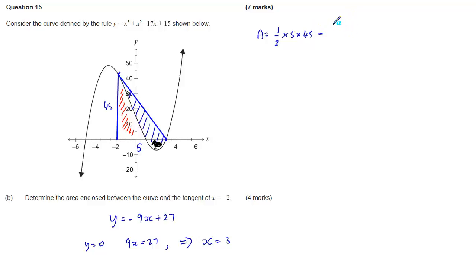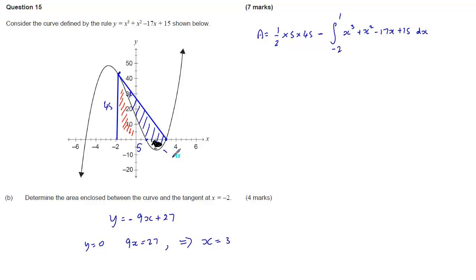Take away the integral, so we want this bit here under the curve, so that's going from negative 2 to 1 of x cubed plus x squared minus 17x plus 15.